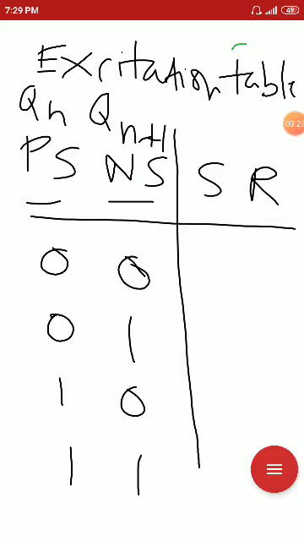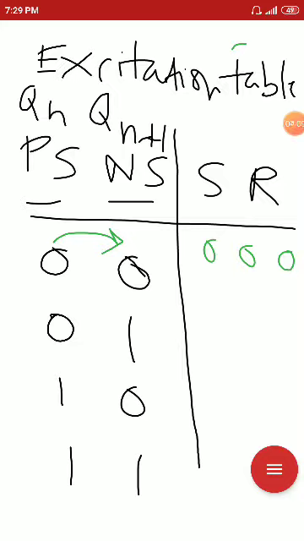There are two chances for the next state to become 0. When S is equal to 0 and R is equal to 0, the output will be 0, since this is the no change condition.